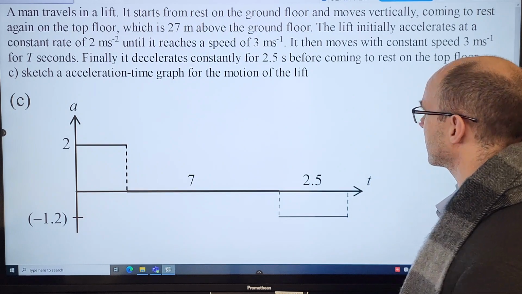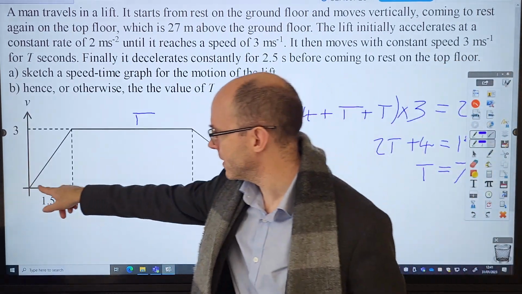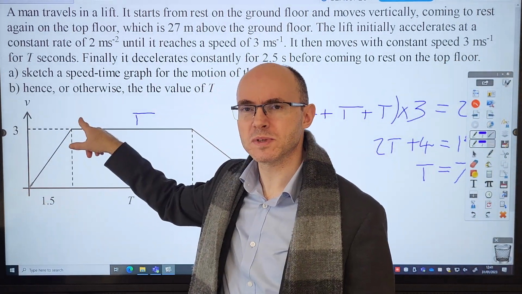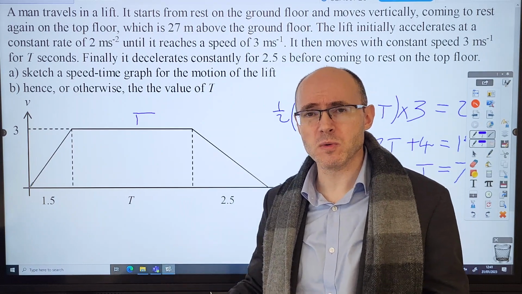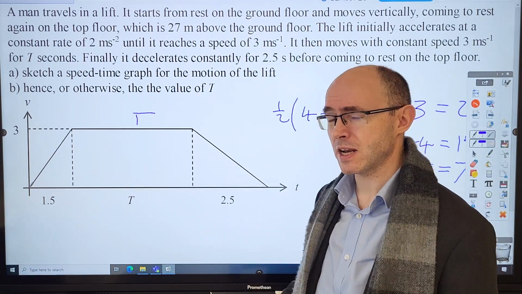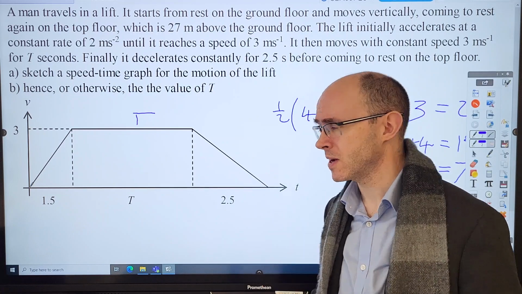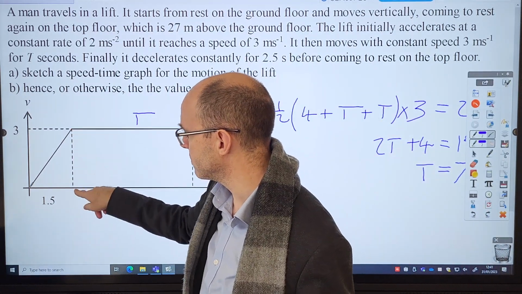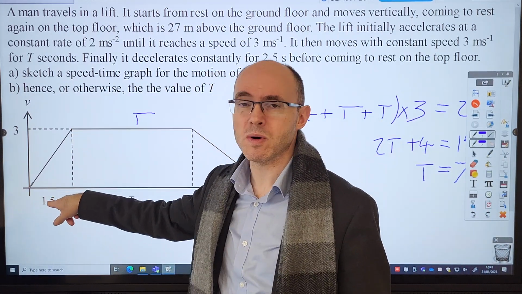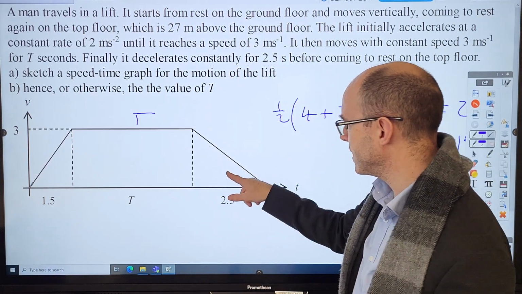If I just go back to this bit here, now we were given that the acceleration there was 2 meters per second squared, you can work it out the same way you work out the gradient on a graph. Remember, the acceleration is the gradient on a velocity time graph. So if you work out change in height over change in horizontal, 3 divided by 1.5 is 2. Here you just do the same.